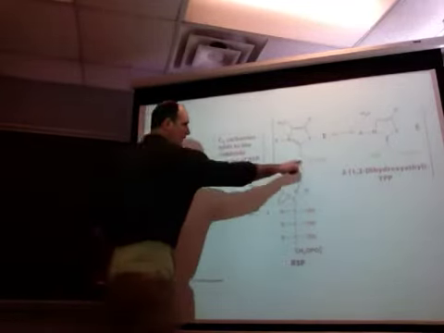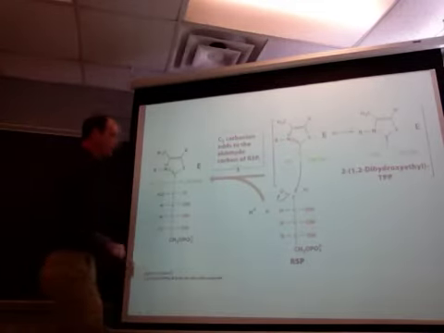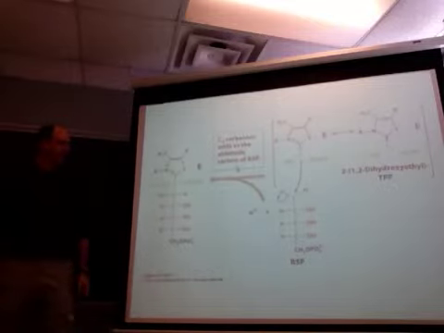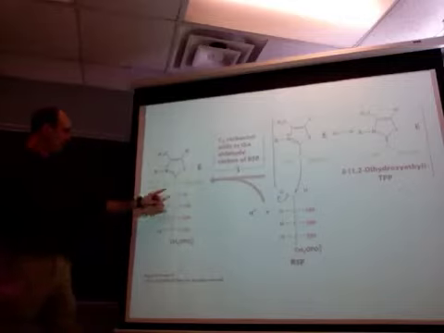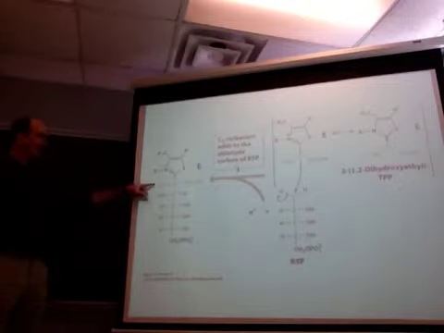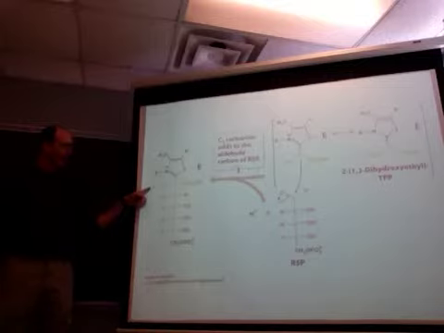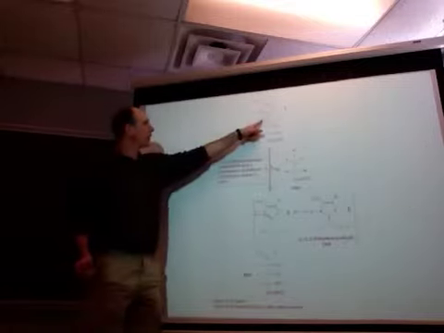That carbanion can attack the carbonyl of ribose 5-phosphate in a typical nucleophilic addition reaction. We get to there, and now if you look, this is the same kind of structure that we had here.